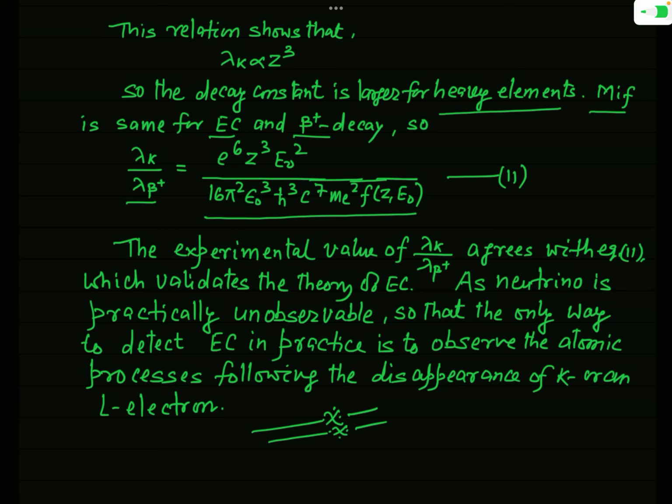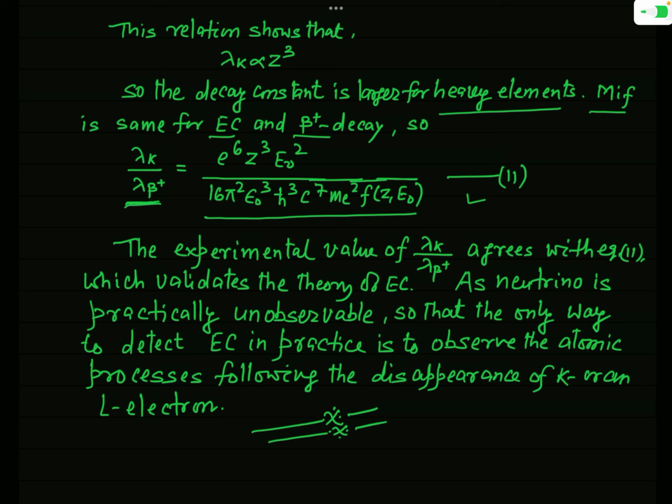When the value of this ratio of lambda k and lambda beta plus is measured from experiment, it is seen that the experimental value agrees with this theoretical result. Since the experimental value of this ratio agrees with this expression, it means this relation is valid and experimentally correct.